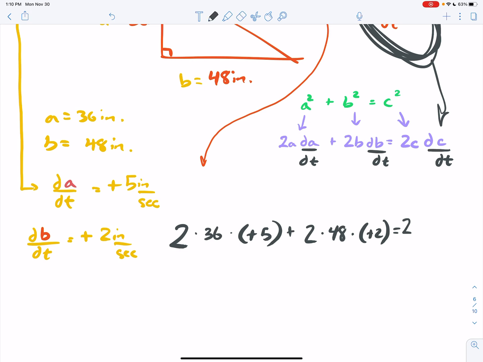2 times c times dC over dt. So here's the thing: what is our c value? We're actually missing a value here, because we can't have two unknown variables. We already need to figure out what dC over dt is. So what's c?